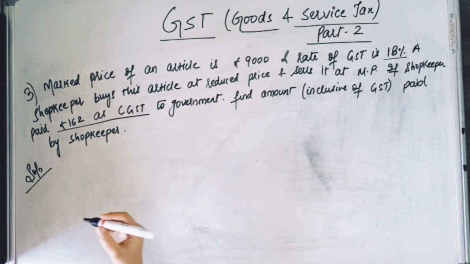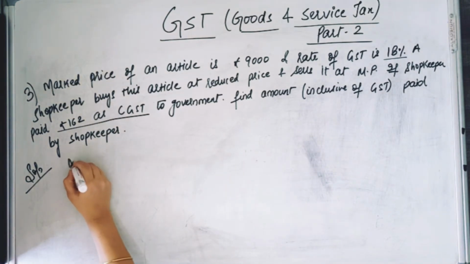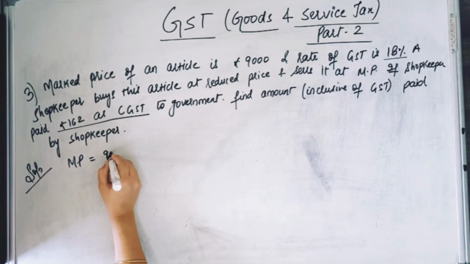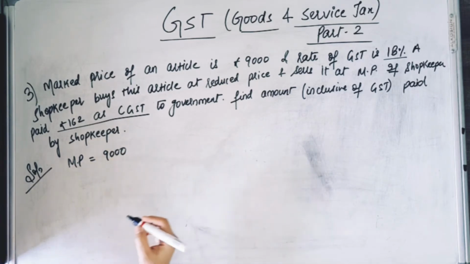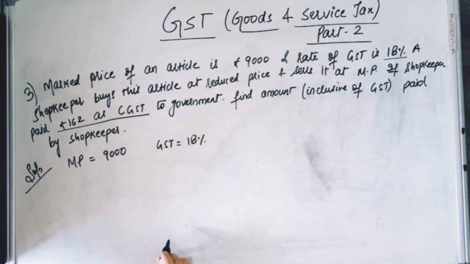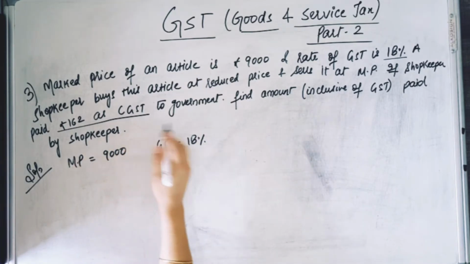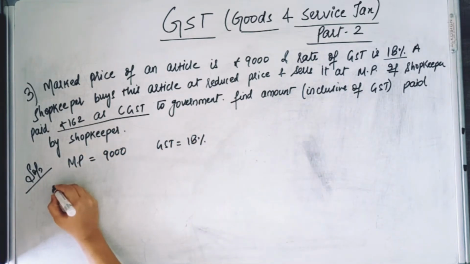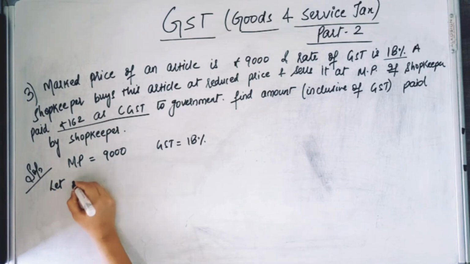Now see here what we have to calculate. Actually mark price article की क्या है 9,000. Rate of GST is 18%. Shopkeeper bought some article at reduced price and we don't know what's that reduced price.